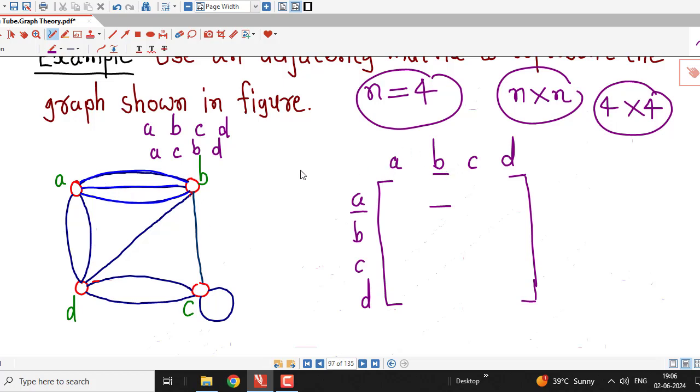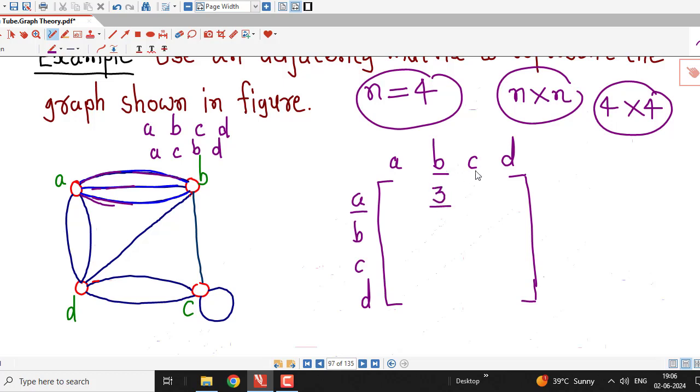That we have to decide from the given graph. We have to determine the number of edges from vertex A to vertex B. Now we can see in this graph that there are 3 edges from vertex A to vertex B. Therefore this entry is 3.